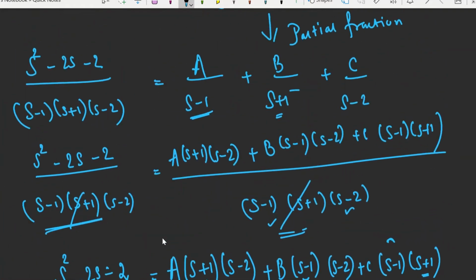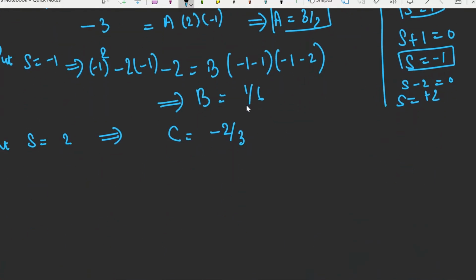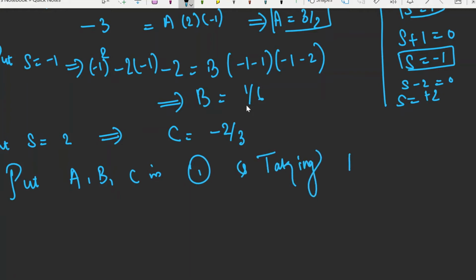Now we have to substitute all the values of a, b and c here. Let this be 1 and I will take this as star. Now put a, b, c in 1 and take L inverse on both sides.